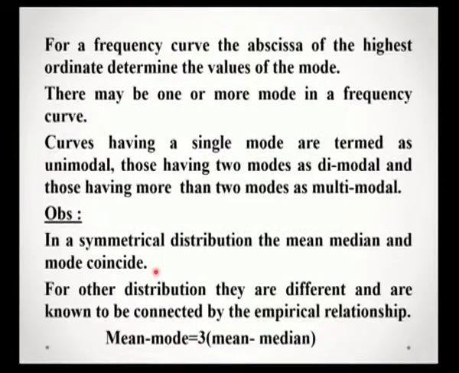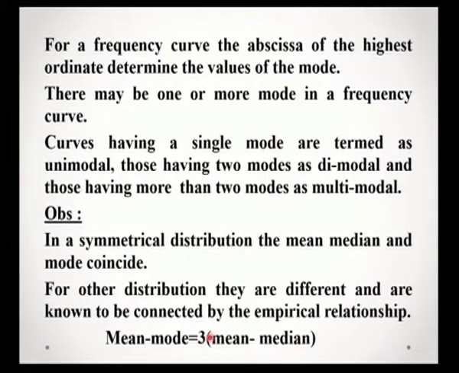For other or non-symmetrical distributions, they are different and are known to be connected by the empirical relationship: mean minus mode is equal to 3 into mean minus median. This is the empirical relationship connecting the mean, median and mode for non-symmetrical distributions. For symmetrical distributions, all the three will coincide.